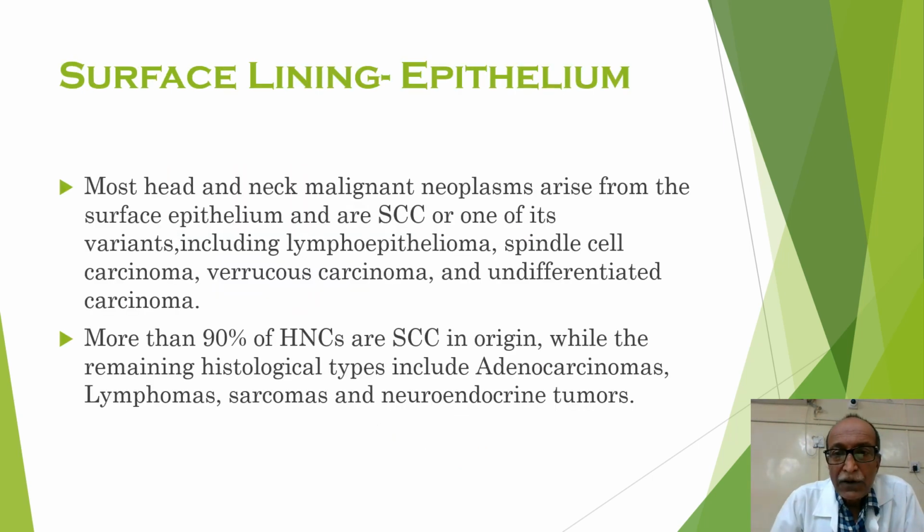Second most important part now is that all these cancers arise from the surface epithelium. The lining of all these regions is called epithelium. They vary from part to part, like most of the tissue lining of the oral mucosa is squamous epithelium.